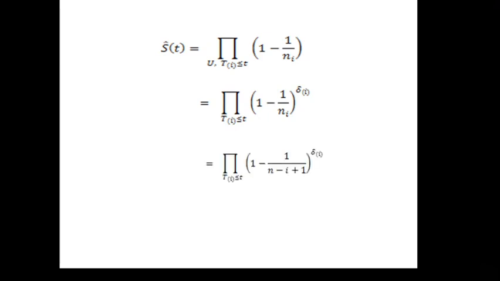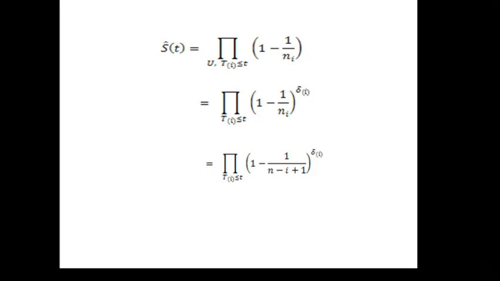Now if there were n individuals at the start of the experiment, and at every time point I, one individual is going out of the system, either he dies or he gets censored, so at every time point we are losing one individual. So whenever we are reaching time point I, then we must have lost I minus 1 individuals, and therefore Ni will be simply n minus bracket I minus 1.